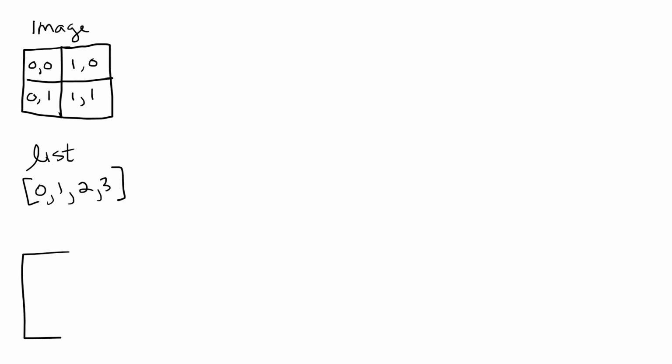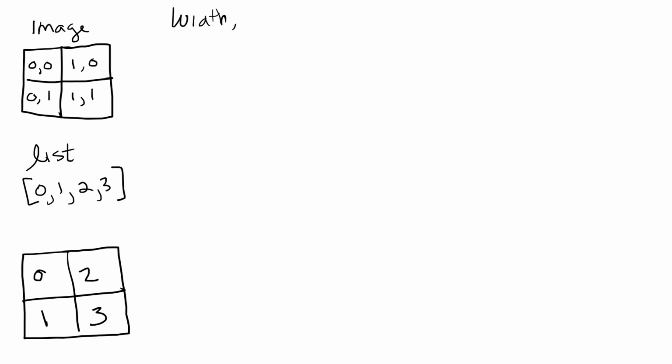and we wanted to access the list items such that we were going down the columns, so 0 1 2 3. We would use the same concept. We would just flip x and y. So our variables: width, height, x, y, counter, and list.